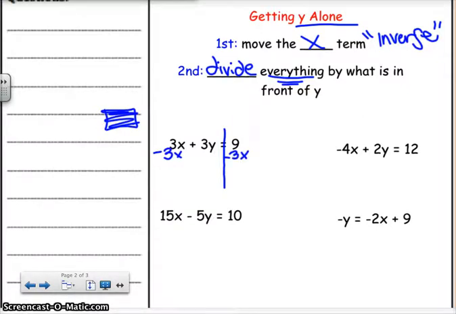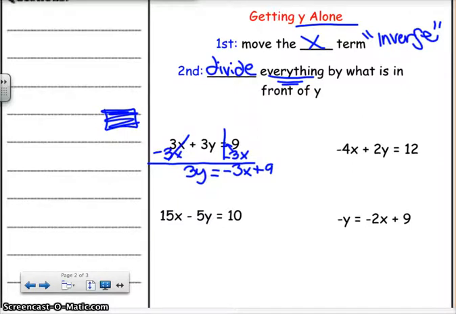Now they are not like terms, right? They're not like terms, so I can't combine them. I have 3y left is equal to negative 3x plus 9. I always put the x term right after the equal sign.